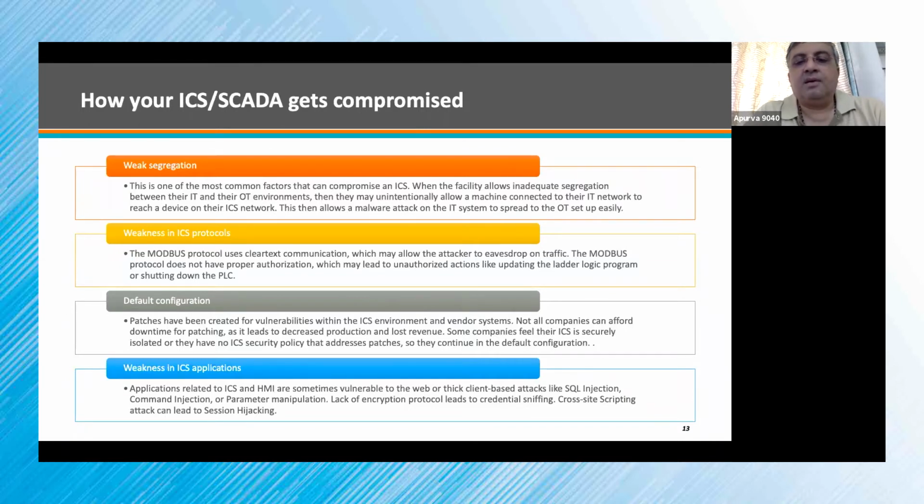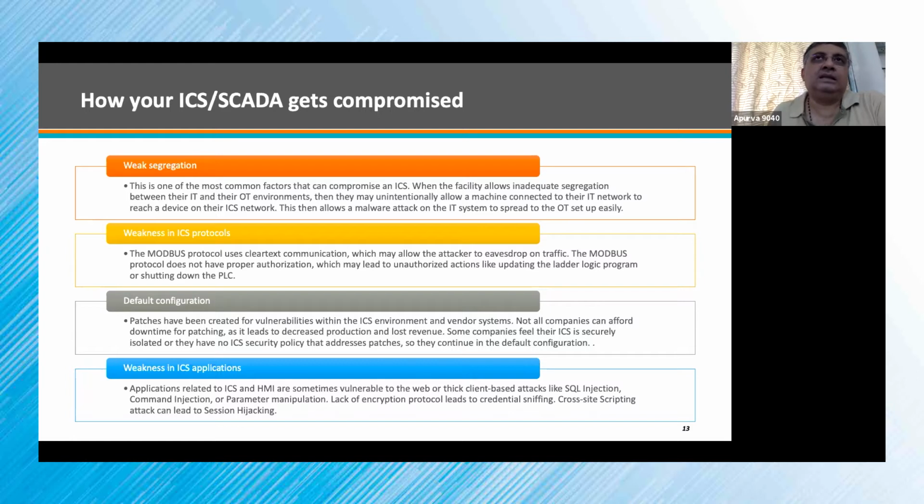If you are using a web-based HMI, you always need to look at whether the systems are updated correctly or not, whether parameter manipulations are not possible, or whether you cannot do any SQL injection. So you have to do normal application penetration testing. Then only you put the system live into production, because we have an idea: okay, the OEM has developed it, so this must be secure. Let us implement it, run it, and we are safe.